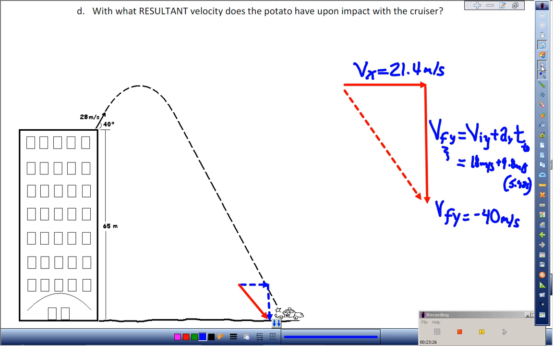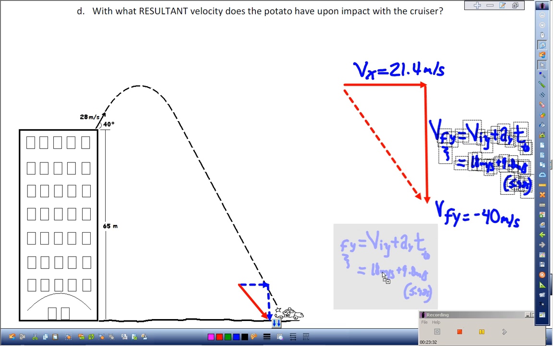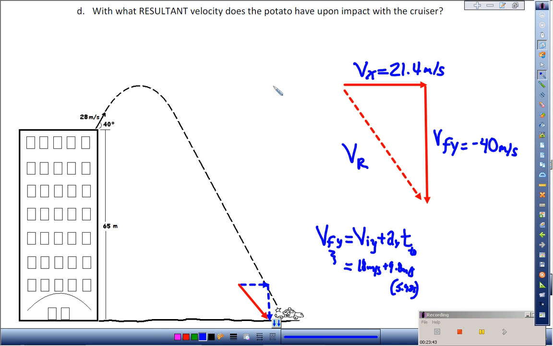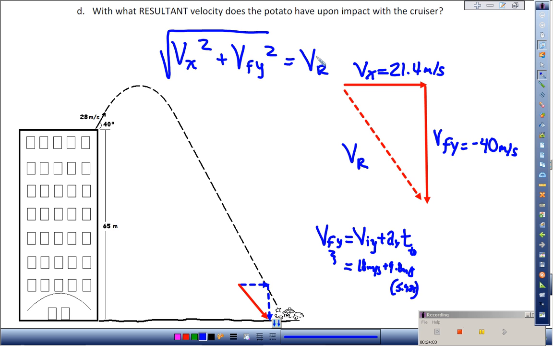So now that I know the value of my vertical component, I can find the resultant by using the Pythagorean theorem. And it turns out that if you want to find this resultant, it looks like this. A squared plus B squared is equal to C squared, or in our case, the horizontal component squared plus the final vertical component squared is equal to the resultant squared, or the square root of everything on this side is equal to the resultant.